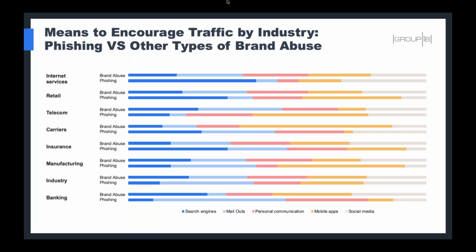You can make a screenshot and look at it during your coffee break, because it is very interesting to analyze which type of traffic attraction is more relevant for different industries. At this particular moment, I wouldn't focus on this slide, so let's move forward.